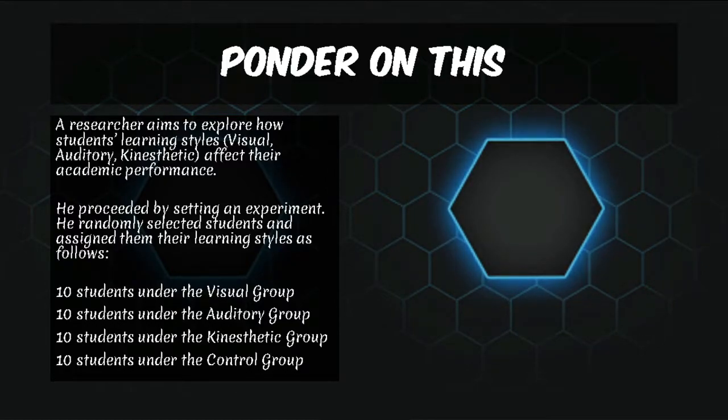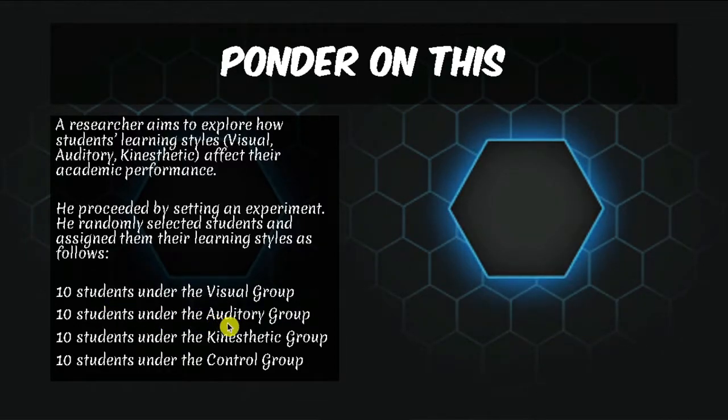So I have 4 comparison groups here. 10 students will be assigned under the visual group, another 10 under the auditory group, 10 under the kinesthetic group, and 10 under the control group. And then I'm going to force them to apply the visual learning style, and then the rest will follow.